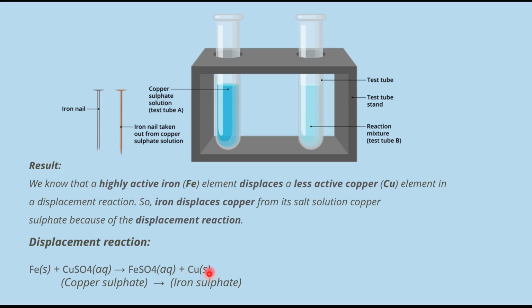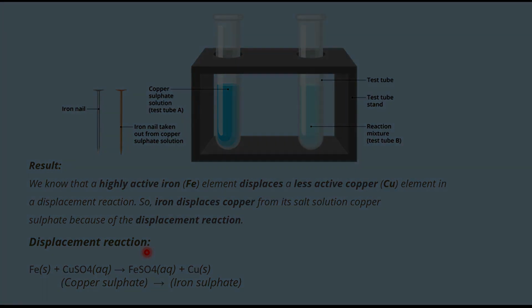The copper produced in this reaction is deposited on the surface of the nail in the form of a layer, and simultaneously the solution turns green because of the formation of ferrous sulfate. This is the summarization of displacement reaction.